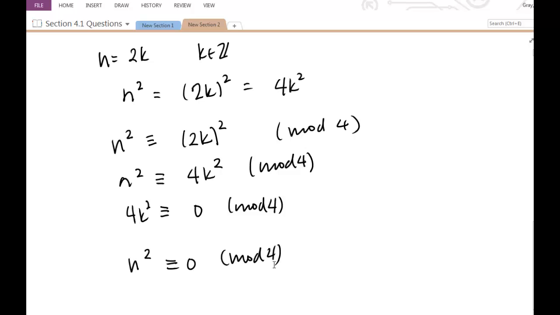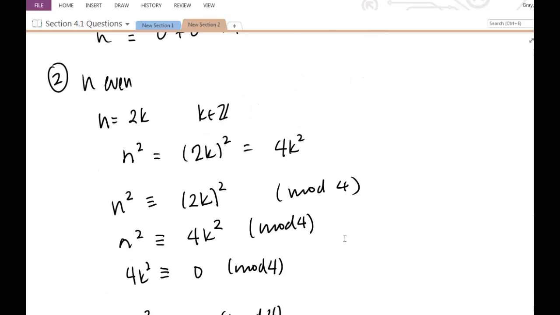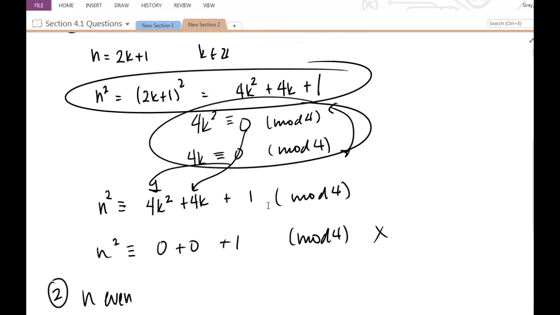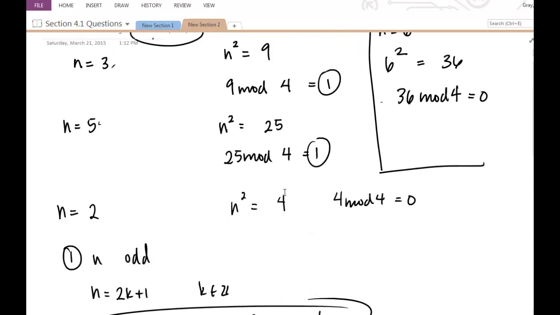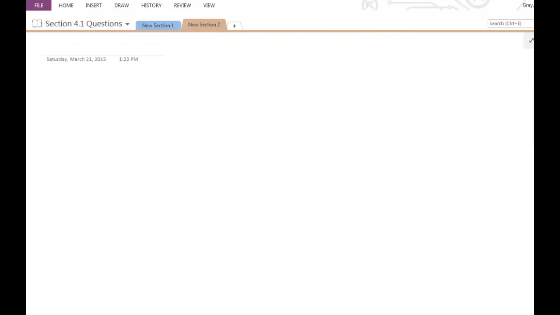All right, so now I'm just going to try to write this up in a way that makes sense. So we're good, right? We have the conclusion that we wanted to get to, right? We wanted to conclude for both these cases we either had 0 or 1, and that's what we got. So we're good. Let's write it up in a way that makes sense, hopefully. So let's start our proof.